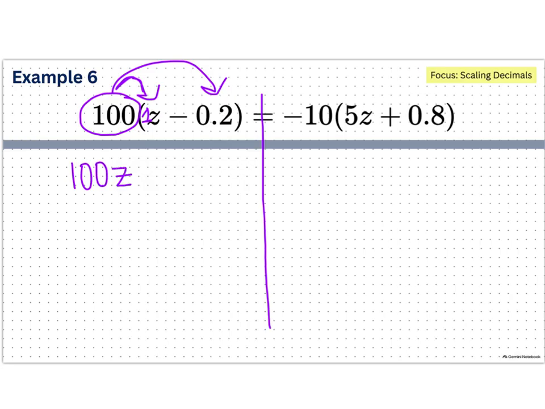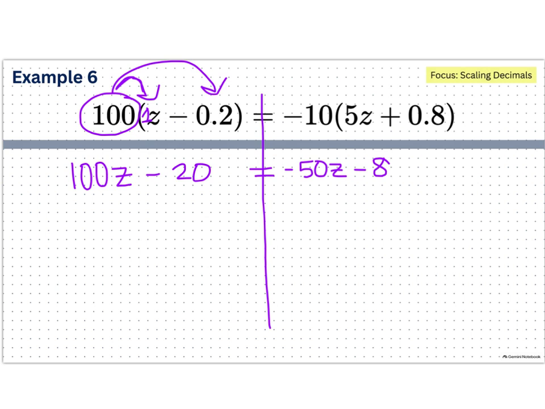And then we're calculating 100 times negative 0.2, which gives me a negative 20. And then on the right side here, we have a negative 10 times a 5z, which gives me a negative 50z. And then a negative 10 times a positive 0.8, which gives me a negative 8.